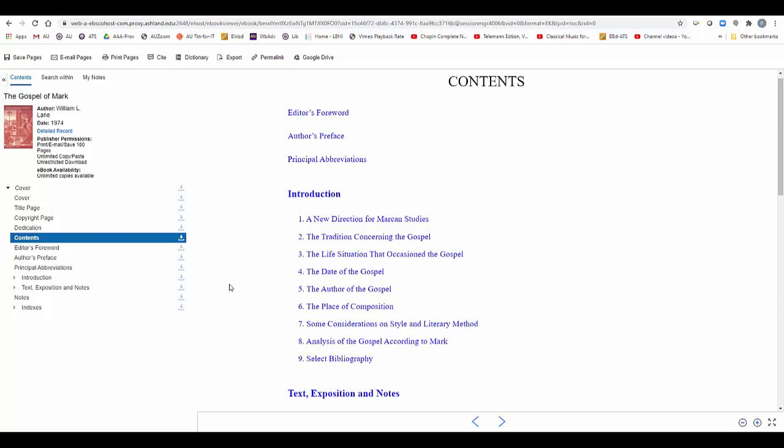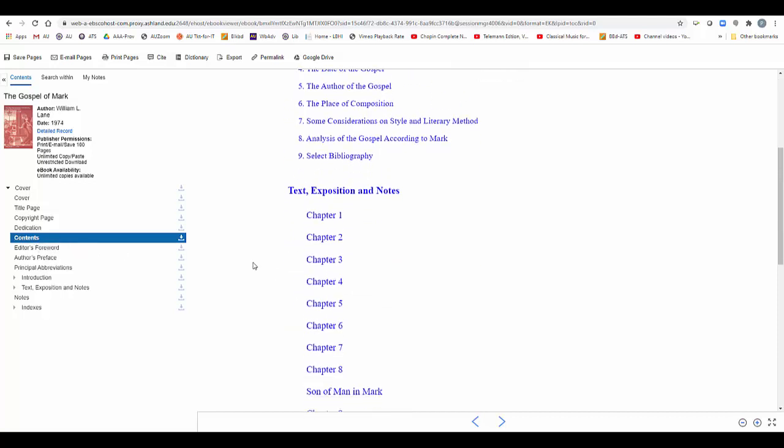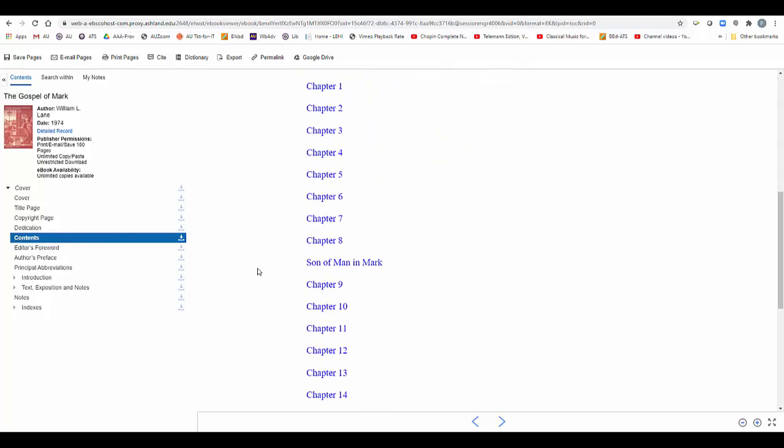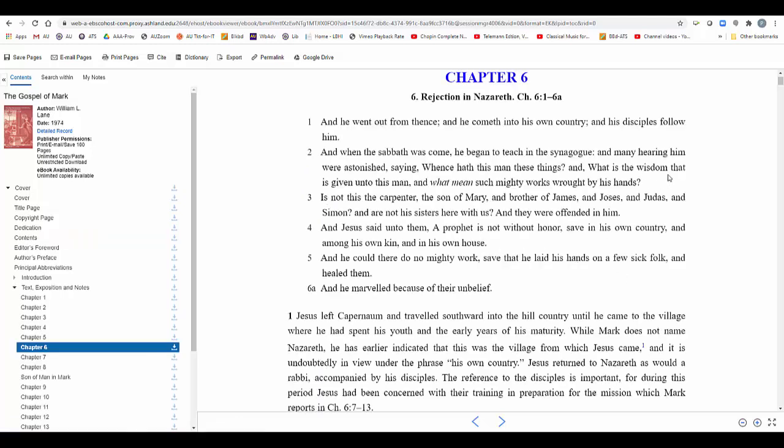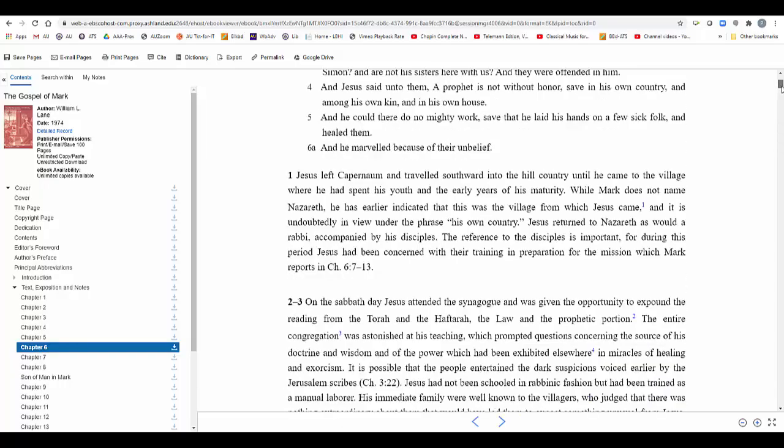All right, we're beginning to drill down. We've clicked on contents. Scrolling down, then, we can fast forward to particular chapters. Our passage is in chapter 6. Here's the full text of chapter 6 commentary by Professor Lane.